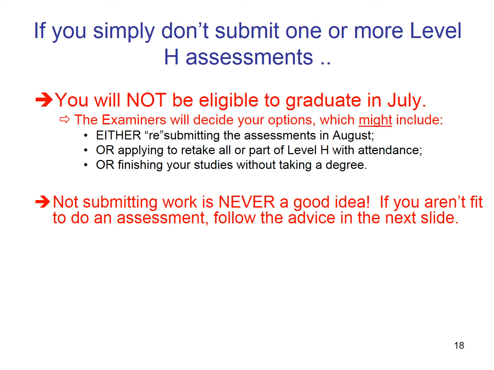Or they might give you the opportunity to apply to retake all or part of level H with attendance. Or they might require you to finish your studies without taking a degree. I do want to emphasize that not submitting work is never a good idea. If you're not fit to do an assessment, it's really important to follow the advice in the next slide.